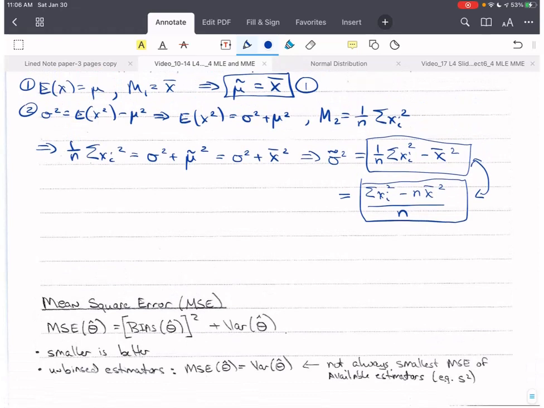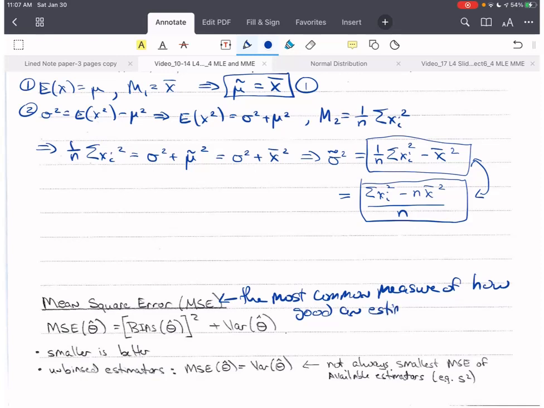Now, the last thing I want to talk about very briefly is the mean square error. The mean square error is the most common measure of how good an estimator is.